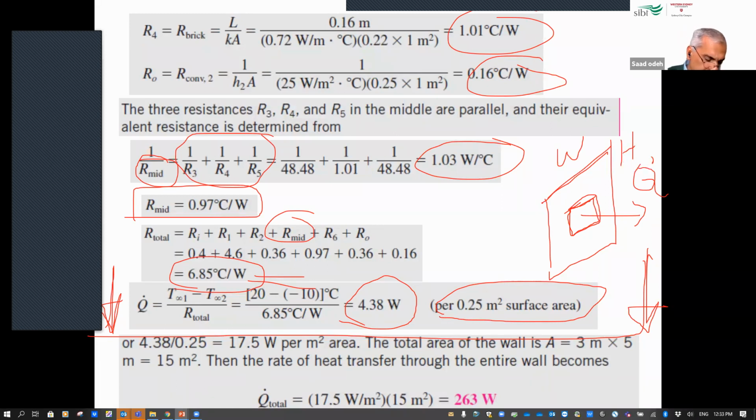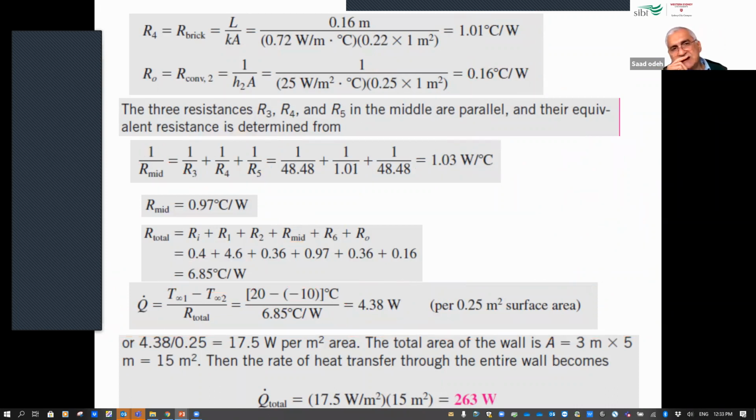We took only this part of the wall, and we found how much layers in this part, and then we converted this to a bigger size to cover the whole wall. Okay? Is it clear for everyone? Any question?